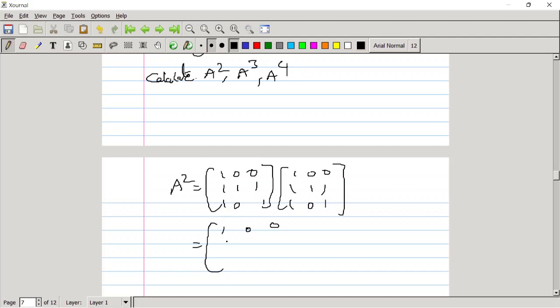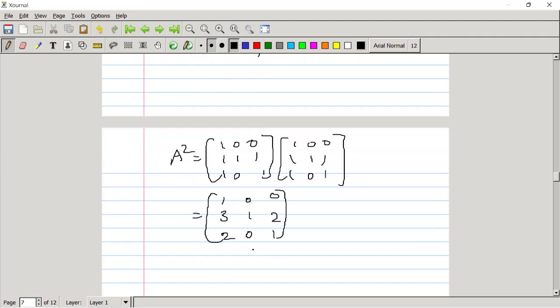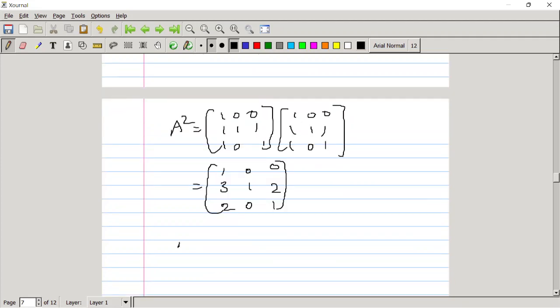Here we will get 3 1 2, and again 0. This is 1. Then next calculate A cube.